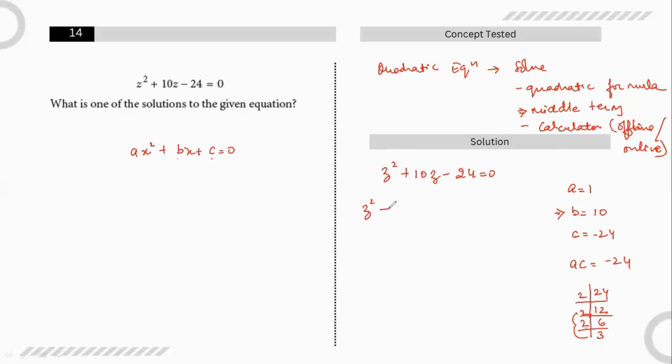So z squared, 10z can be written as 12z minus 2z minus 24 is equal to 0, like this. z taken common from the first two terms, what is left is z plus 12. From the next two terms, minus 2 taken common, z plus 12 is equal to 0.